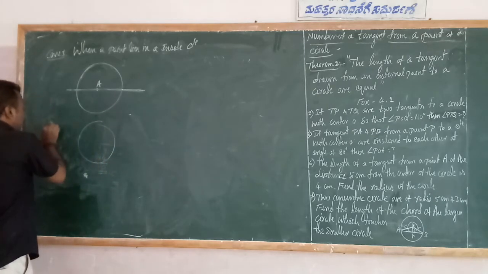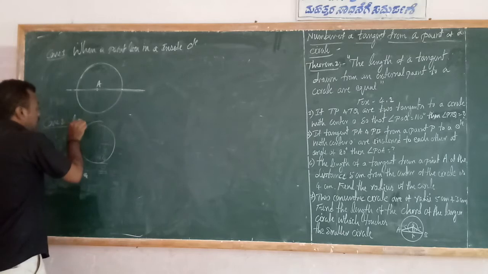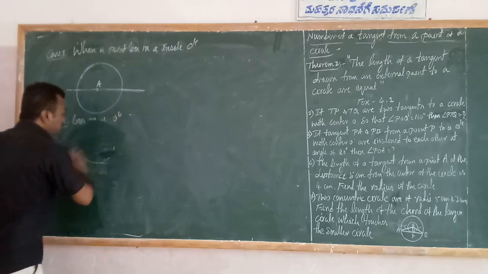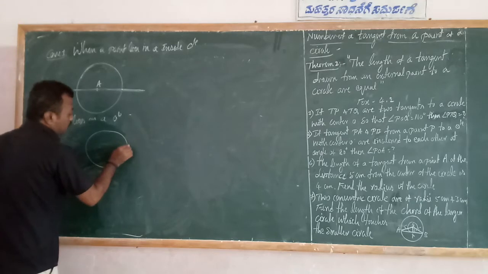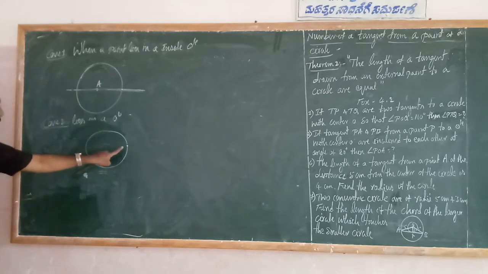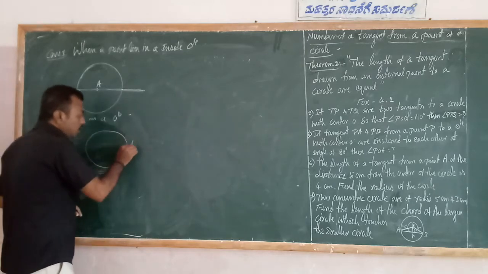Next one, students. Case 2. The point lies on the circle. Inside this it lies. So I am taking one point A that lies on the circle.